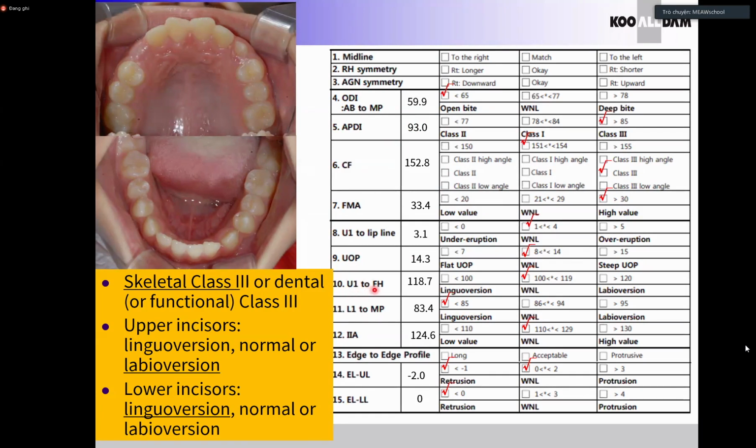Upper incisor angulation to FH 118. This is slight labial version of the upper incisor. Lower incisor to mandibular plane 83, lingual version of the lower incisor.